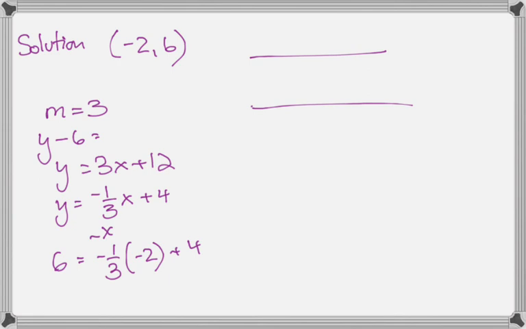And let's see if the top one works. 3 times negative 2 is negative 6 plus, oh, here you go, we got one. y equals 3x plus 12, and y equals negative x plus 4.